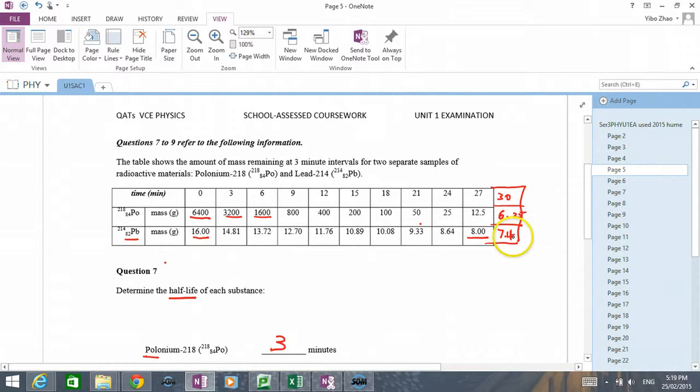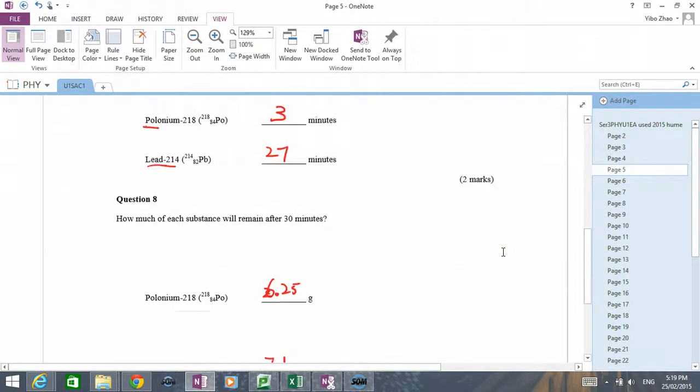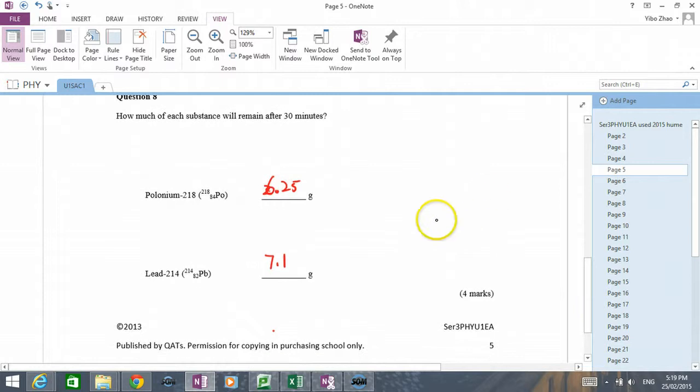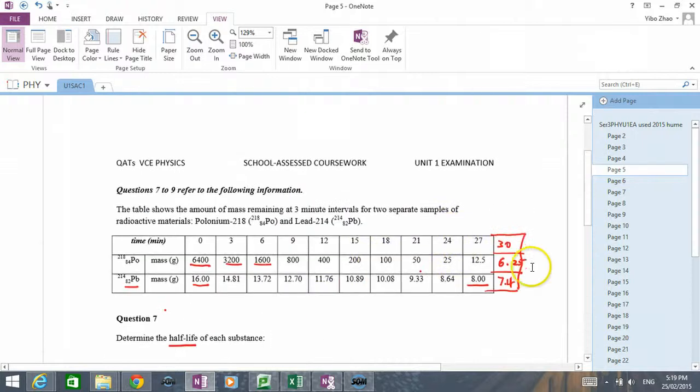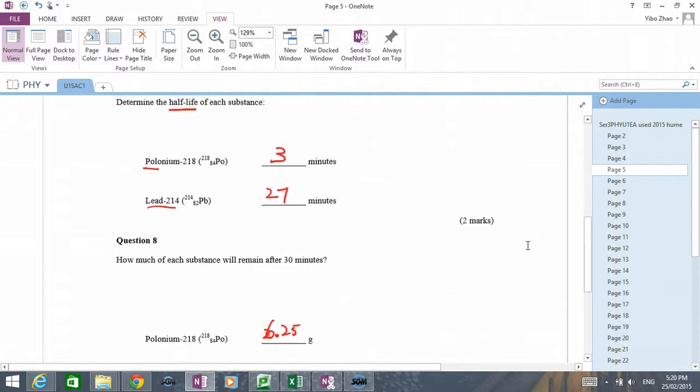So 7.3 or 7.4, just give a rough guess and you get the mark. Mathematically speaking, there's a formula, but I'm not asking you to use it. Just do an estimate.